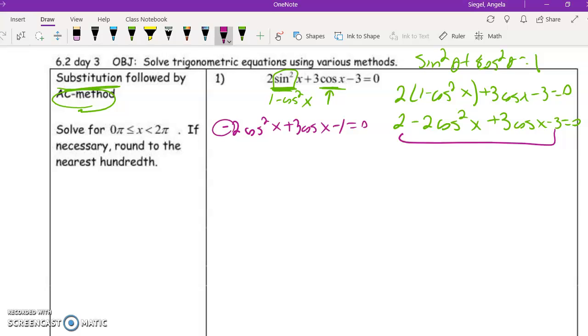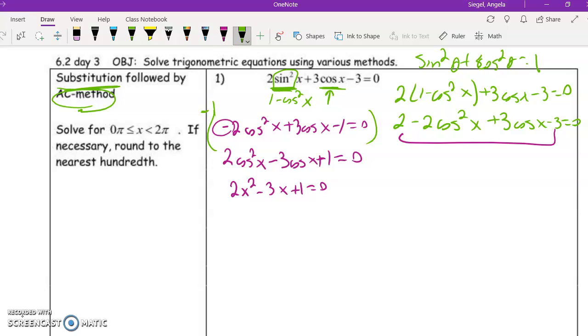And I don't like that negative there, so I'm going to go ahead and just multiply by negative 1 and change the signs. Okay, so at this point, I think I'm going to look at it like this and factor it. It kind of just helps my brain process that.